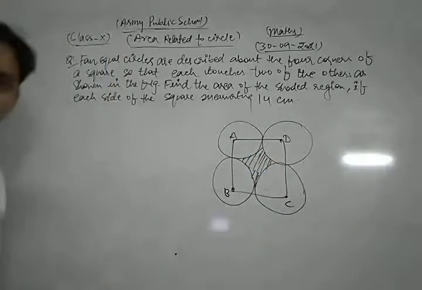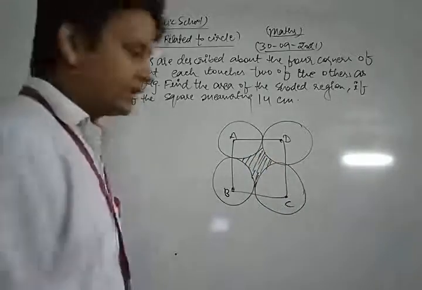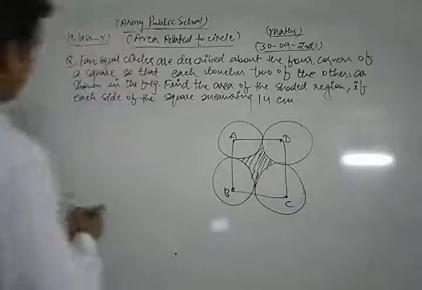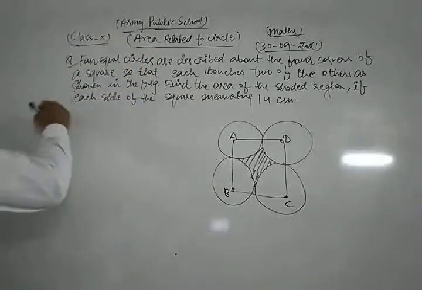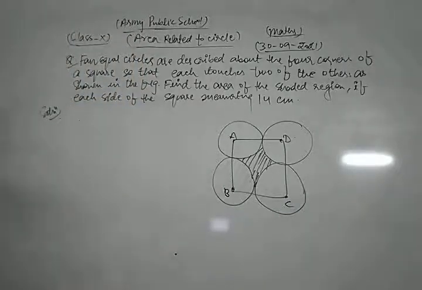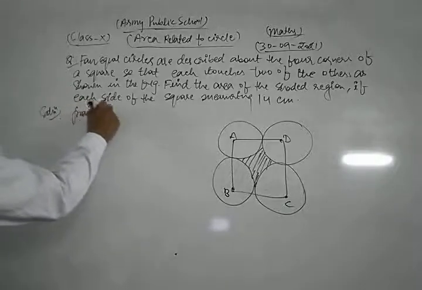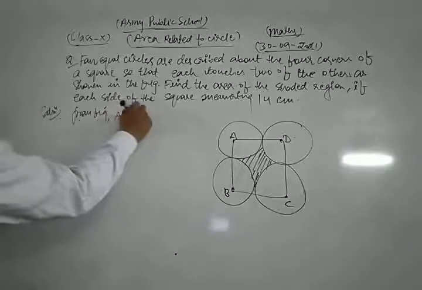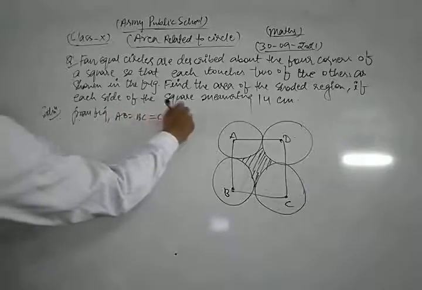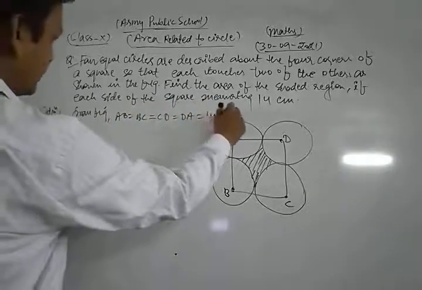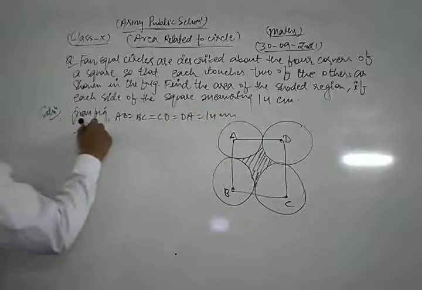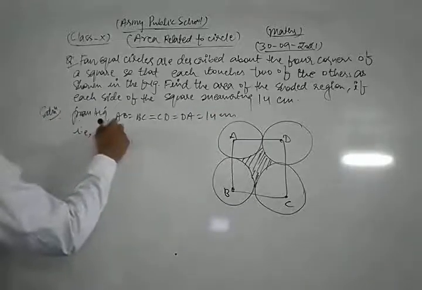Now look, according to the figure, it is clear that each side of the square, AB is equal to BC is equal to CD is equal to DA, each equal to 14 centimeter.